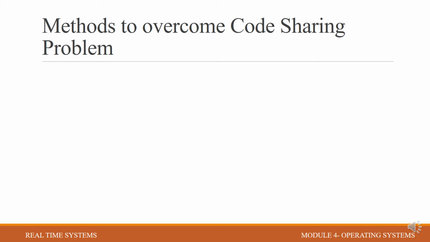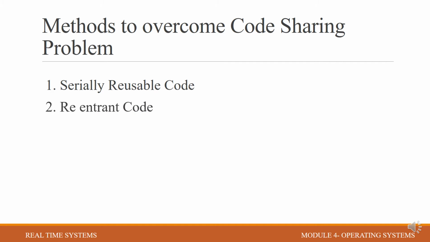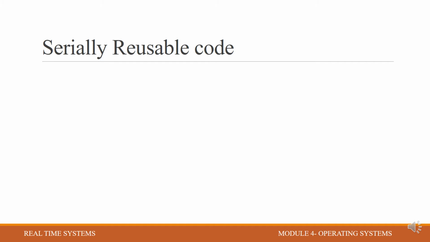Methods to overcome the code sharing problem. There are two methods used. The first is serially reusable code, and the second is re-entrant code. Serially reusable code is one method to overcome the code sharing problem.